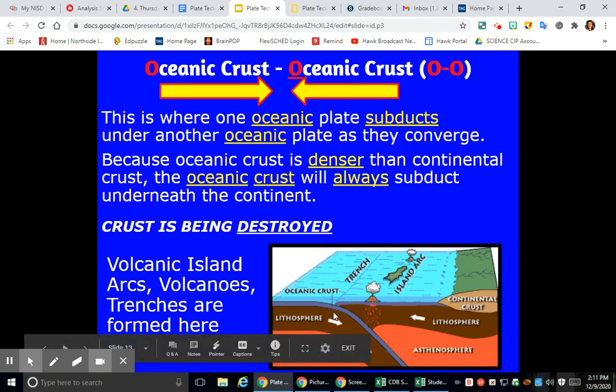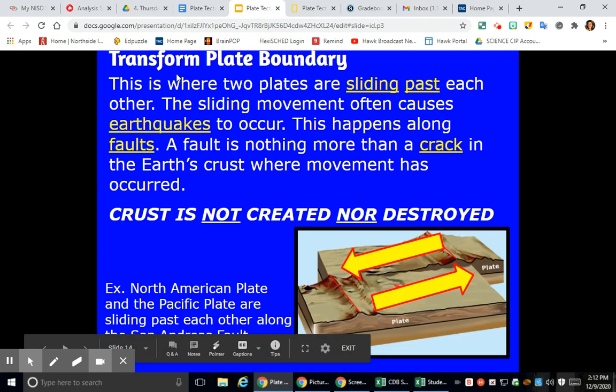The more dense oceanic, which would be the older one, will subduct. It will go under the less dense oceanic plate. And what we get here are trenches forming in the ocean, as well as island arcs forming in the ocean, volcanic island arcs. So we have volcanic island arcs, volcanoes, and trenches forming where an oceanic converges with an oceanic.